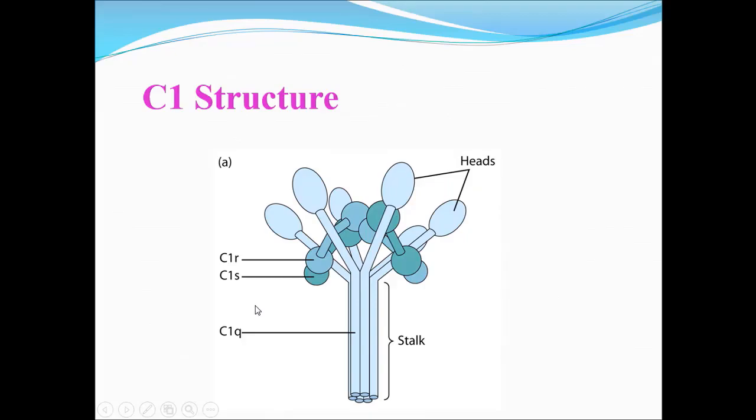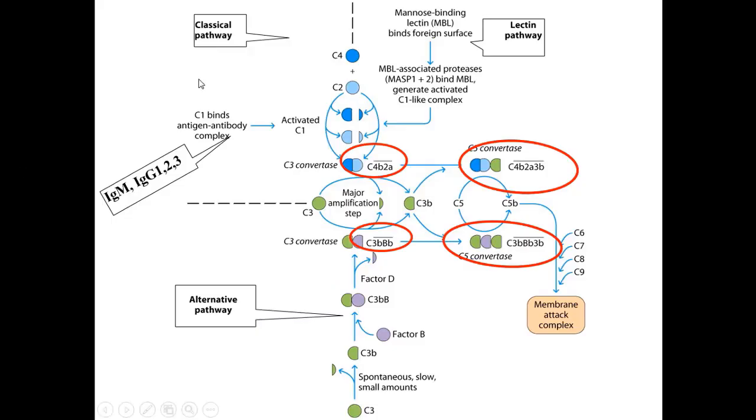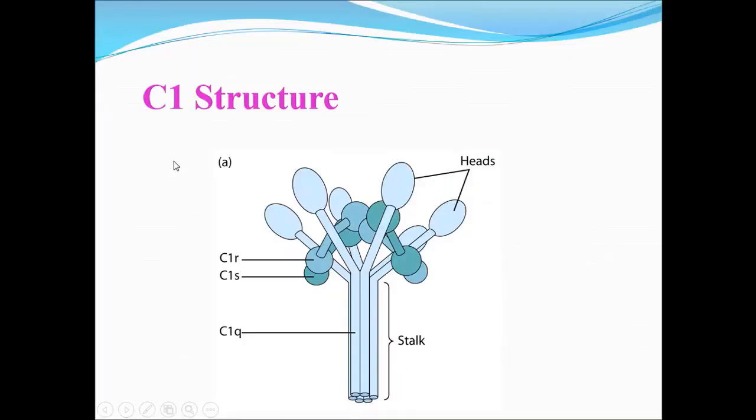Okay, classical pathway. As you see here, the activation of the classical pathway needs antibodies. Just the classical pathway needs antibody for activation, and from antibodies just the IgM and IgG classes can activate the classical pathway, and among IgG subclasses IgG1, IgG2 and IgG3 can activate the classical pathway.